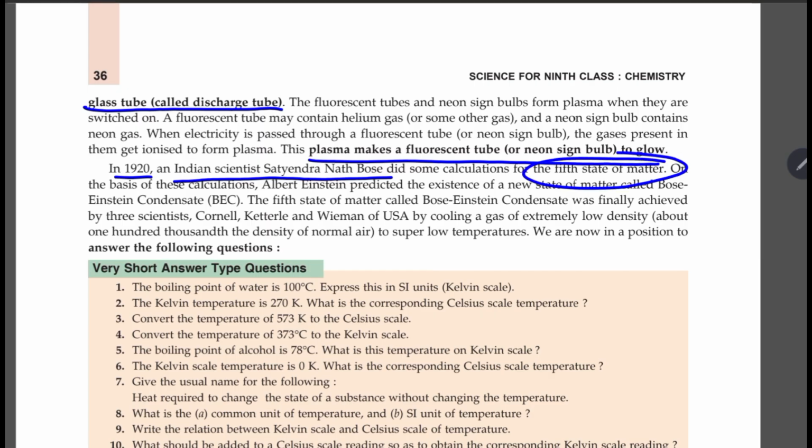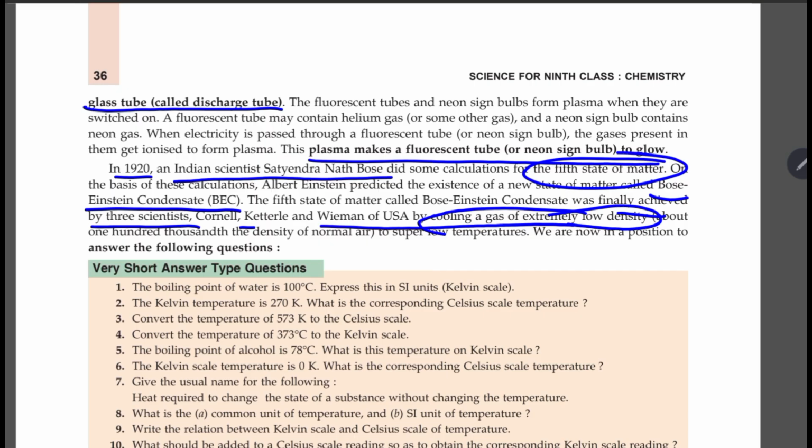And it was called the Bose-Einstein condensate, or BEC. It was named after the scientist. Okay. Now the fifth state of matter, the BEC, was achieved by three scientists by cooling a gas of extremely low density.